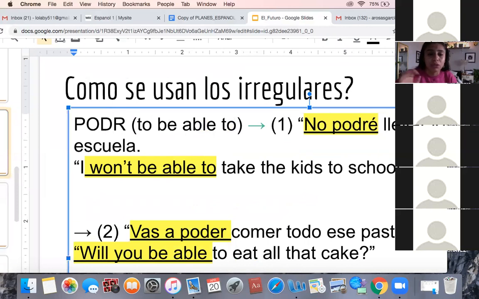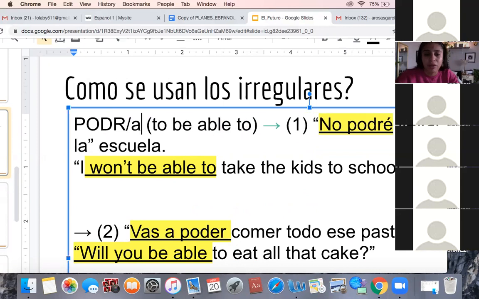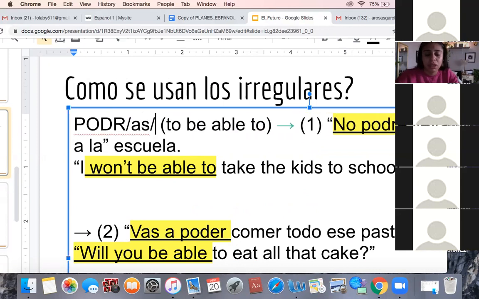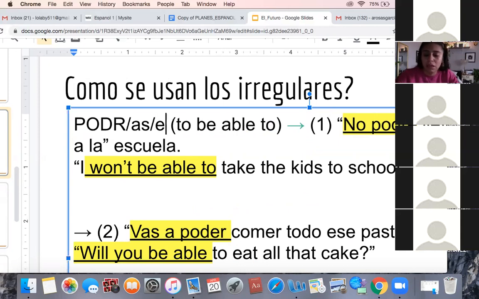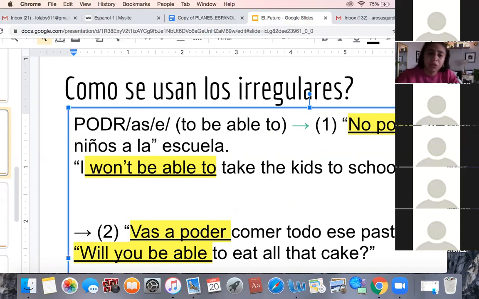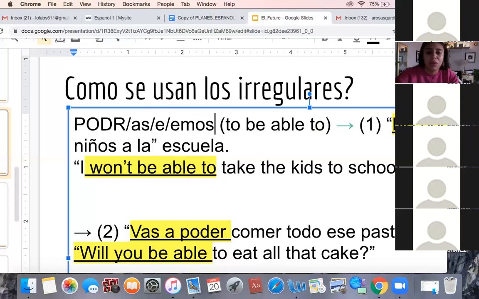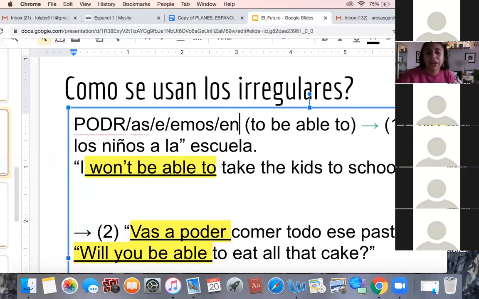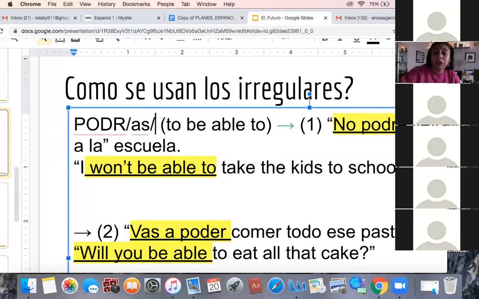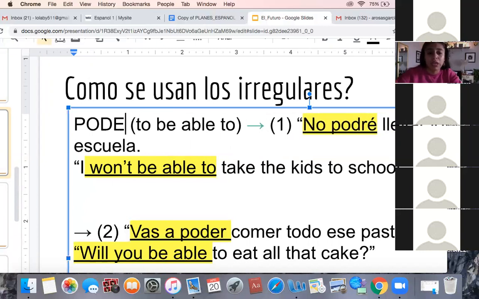And then you add whatever, as, or, podré, podrás, podremos, and so on. So it's super easy. All you gotta do is delete that.